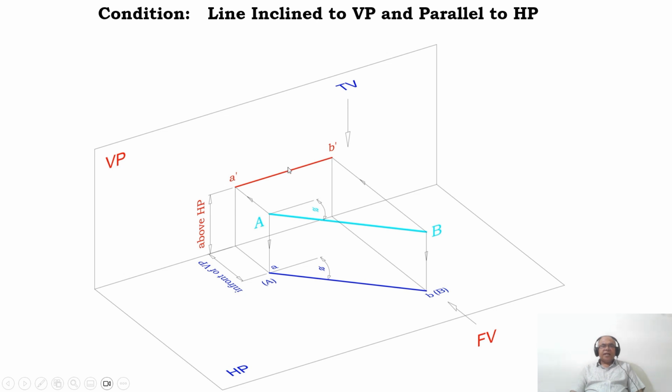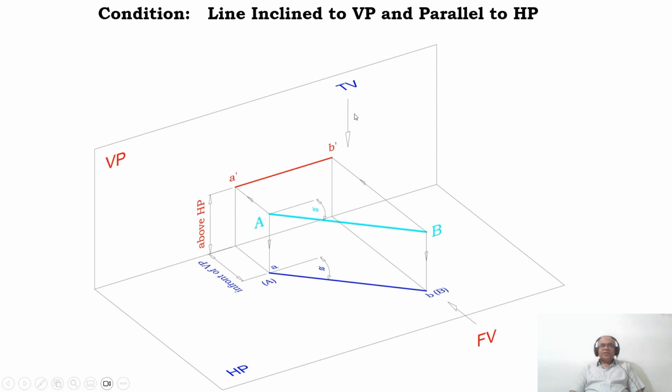Both A dash and B dash are equidistant from the horizontal plane, so both are above HP. If the distance from here to here is 50 and from here to here it is also 50, then when you join these 2 points, you get a horizontal line.